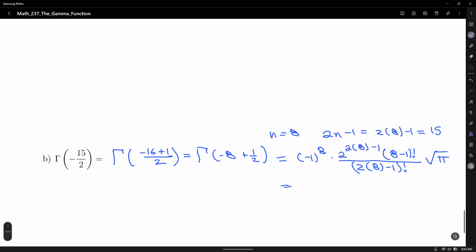So negative 1 to the 8th power becomes a positive result. And then what do we have? 2 times 8 equals 16 minus 1. That's 2 to the 15, times 7 factorial over 15 factorial square root of pi, right?